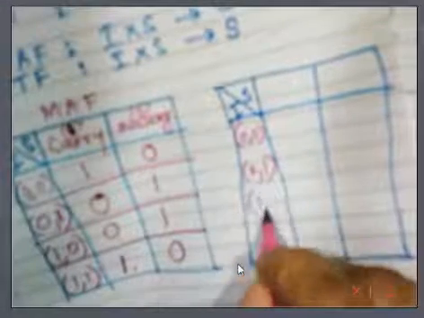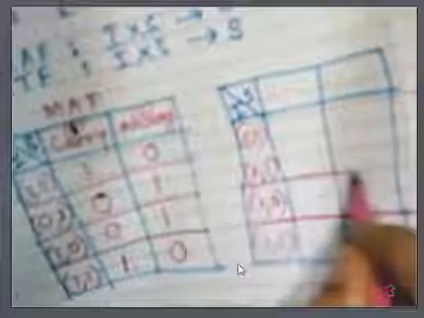Then I'm having 0, 1, then 1, 0, and 1, 1. So now once we fill this table, that means we are ready with our machine. So for understanding, I am writing here 1 and this is 0.